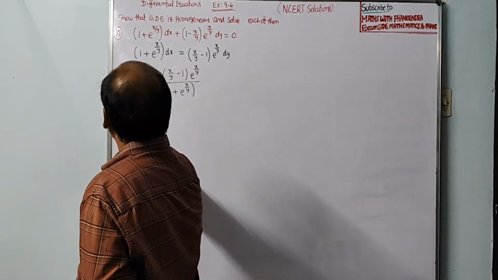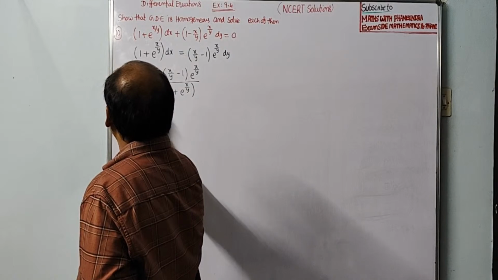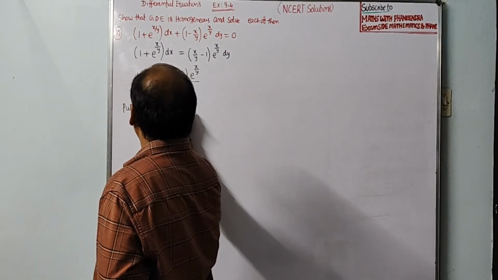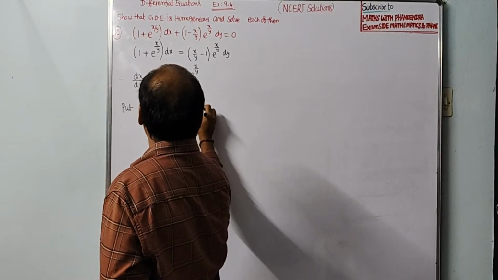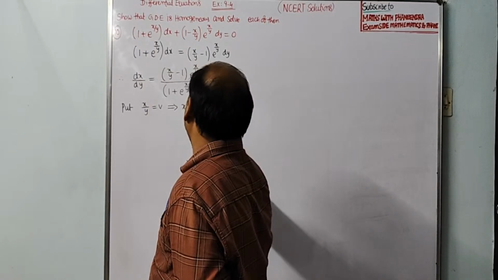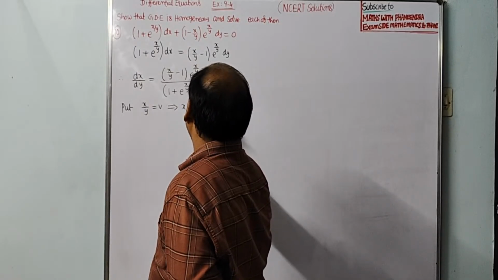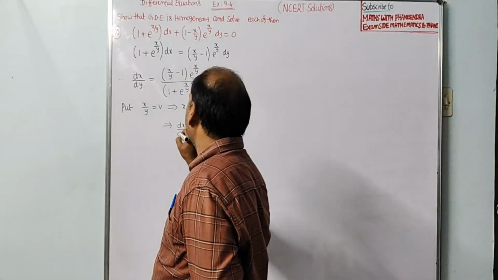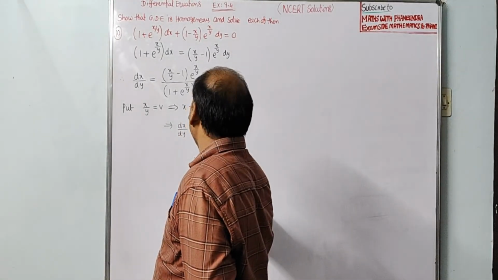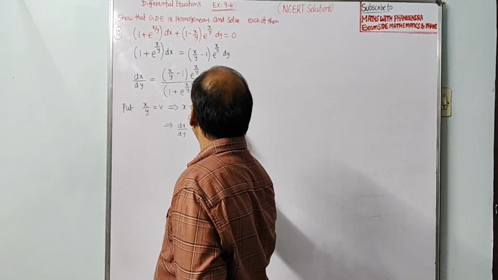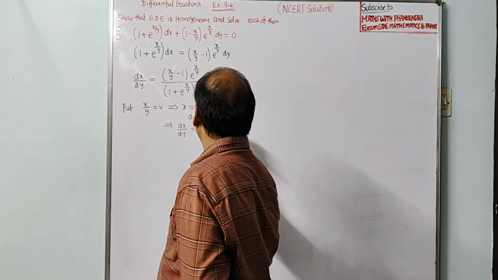Now it is a homogeneous differential equation. Put what term is common in this? x by y is equal to v, that implies x is equal to vy. Differentiate with respect to y. So dx by dy is equal to v into the derivative of y, which is 1, plus y into dv by dy.